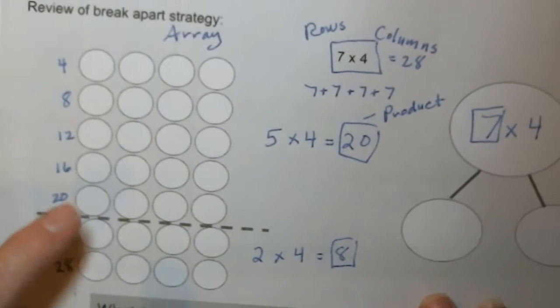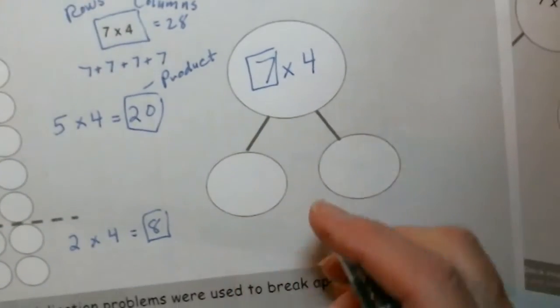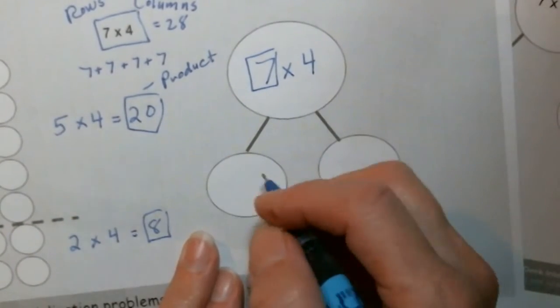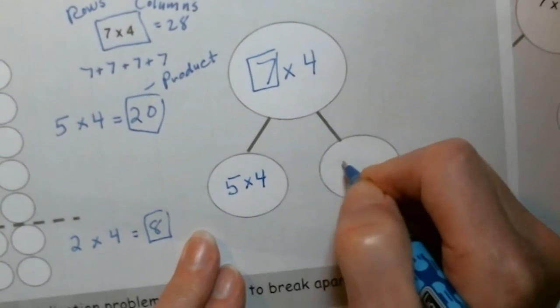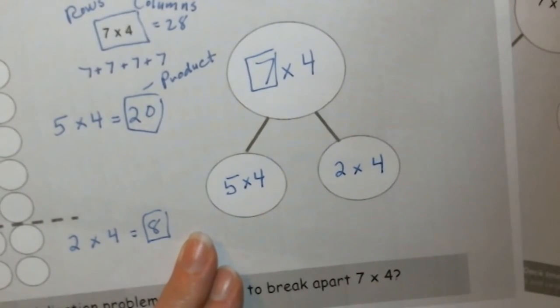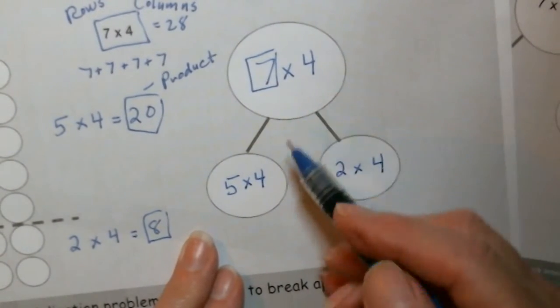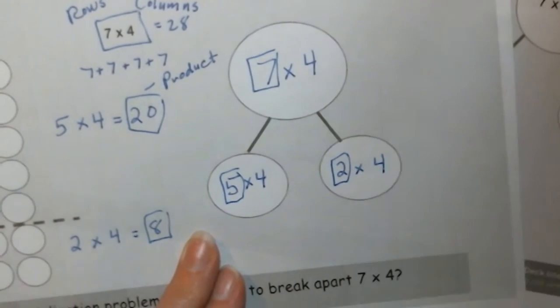That's how we did 5 and 2. 5 plus 2 equals 7. So to represent that array, we would put 5 times 4 and 2 times 4. So this 7 times 4 was broken up. 5 and 2 is 7.